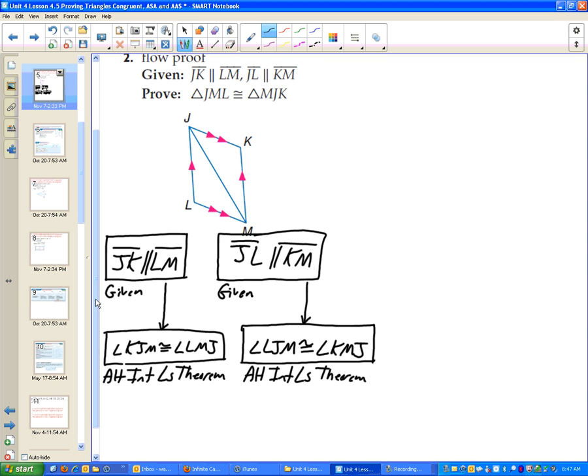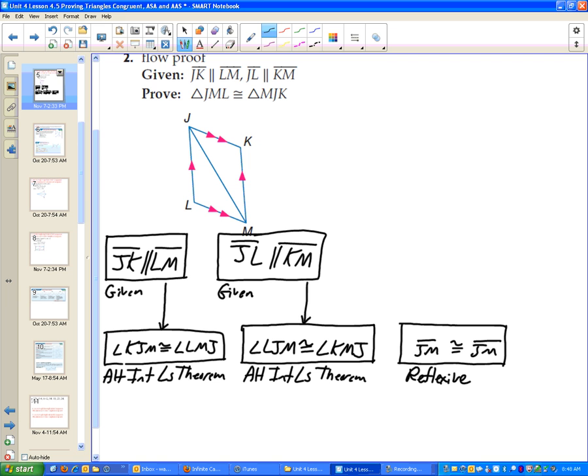I haven't stated that side yet, have I? Okay. Our pair of congruent sides are the same segment. It's segment JM congruent to segment JM. And how do I know that's true? Reflexive.